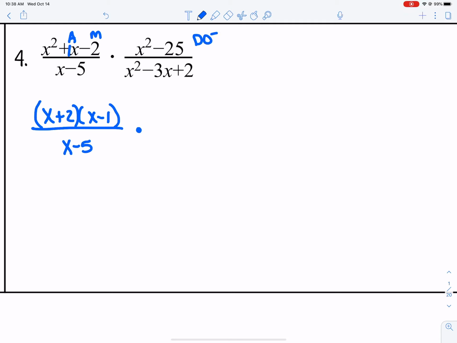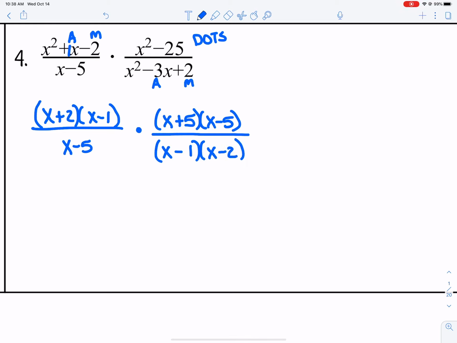Then we have a difference of 2 squares in our numerator of our second fraction. So let's factor that into x plus 5, x minus 5. And then in the denominator, we have another basic trinomial. So we need to multiply to get 2 and add to get negative 3. So we need x minus 1 and x minus 2.